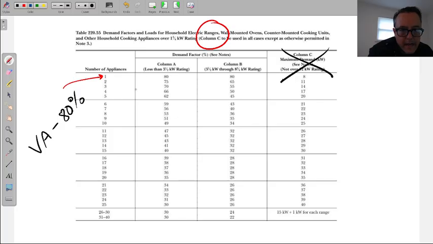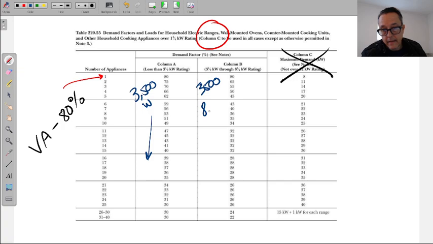So 3.5, 3,500 watts, this is the column that we go into. And if it's 3,500 to 8,750 watts, then we're into this column.